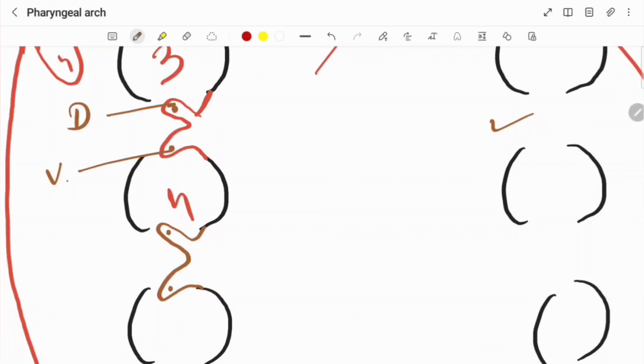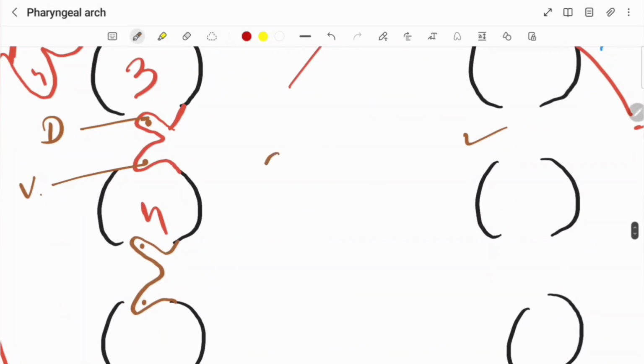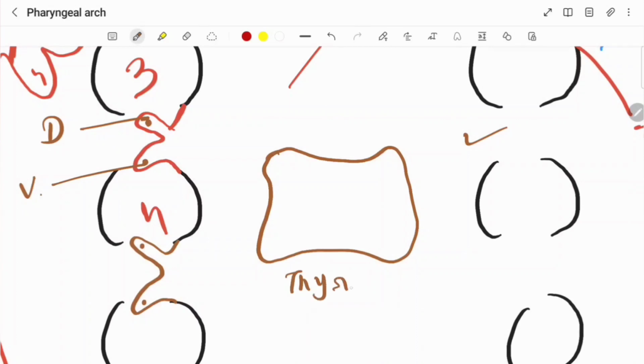Now, see over here. Here you have your thyroid gland. Again, I am telling you, don't judge me on my drawing skills. So, this is your thyroid.